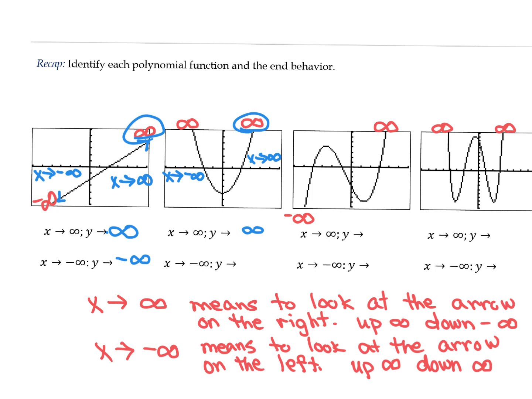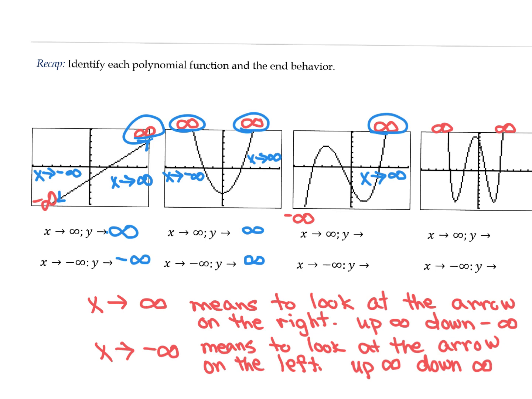My arrow is going up again, therefore, y is approaching infinity. And think about what that's saying. As my x values go on forever and ever, my graph is going up, which are the y values forever and ever.